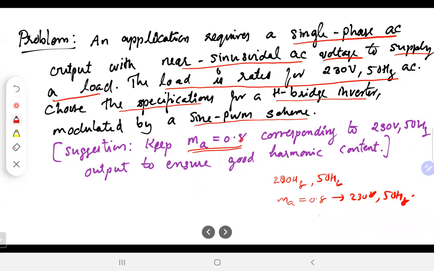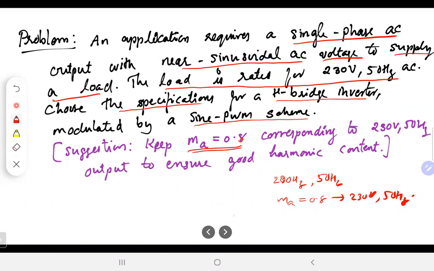If MA were 1, you could not go beyond 230 volts. So if the input voltage VDC dips due to any external reasons, we will still have control over the output voltage. I can boost it a bit. That is the idea which we use.